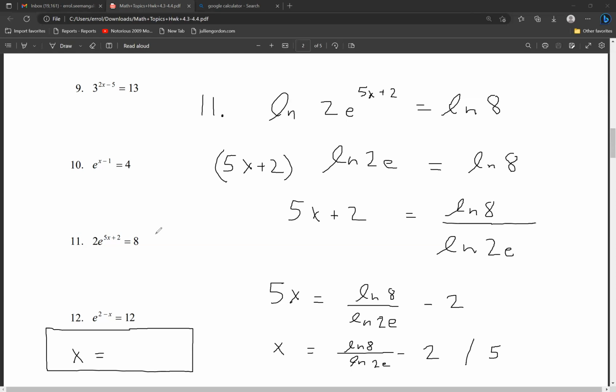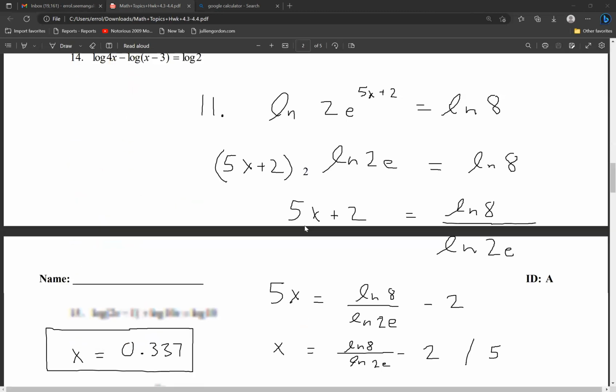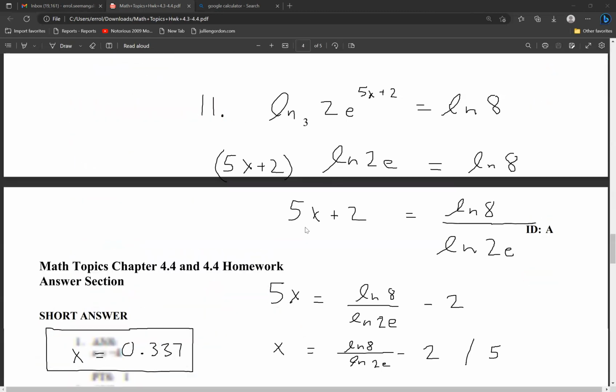Yeah, minus 2, and then the whole thing divided by 5. 0.3368. So 0.337, right? Yes. Let's check that one. That one's number 11. 0.337 for 11.